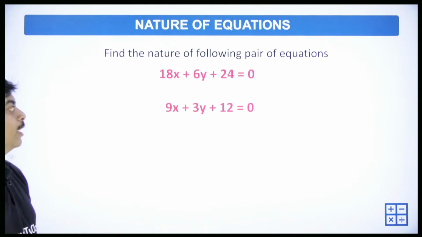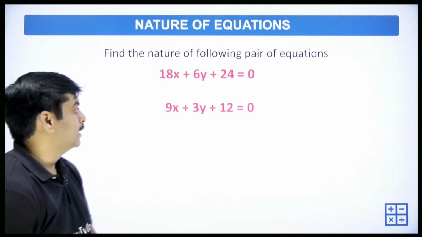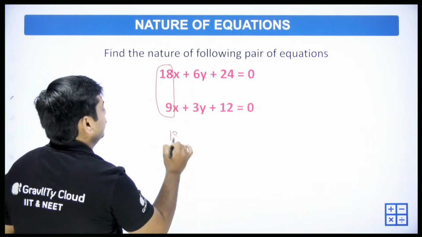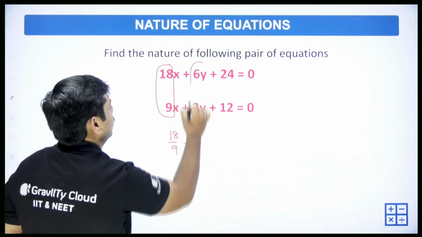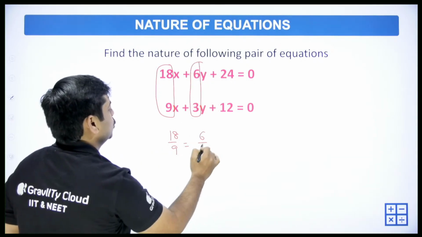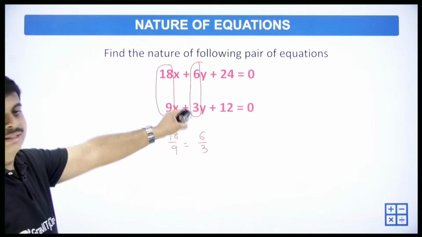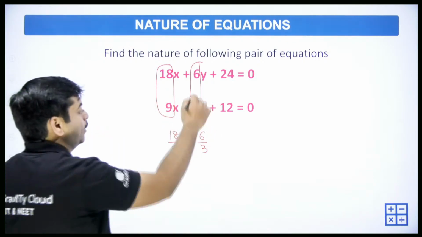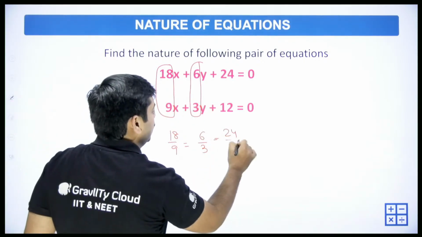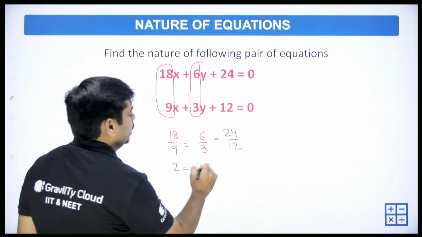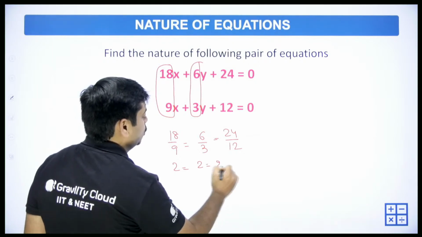Find the nature of the following pair of equations. So we have a couple more questions here. A1 by A2, 18 by 9, is equal to B1 by B2, 6 by 3. Are these two correct? Nine ones, nine twos, three ones, three twos. Yes, these two are equal. And which is equal to 24 by 12? 18 by 9 is 2, 6 by 3 is 2, 24 by 12 is also 2.